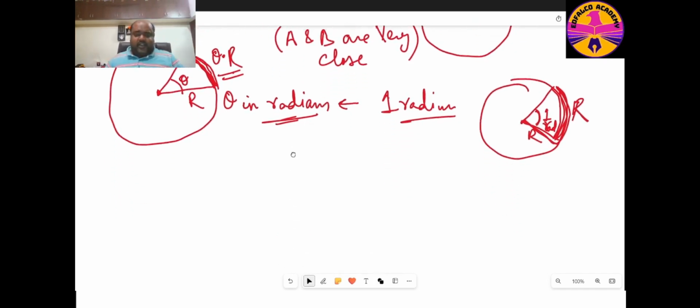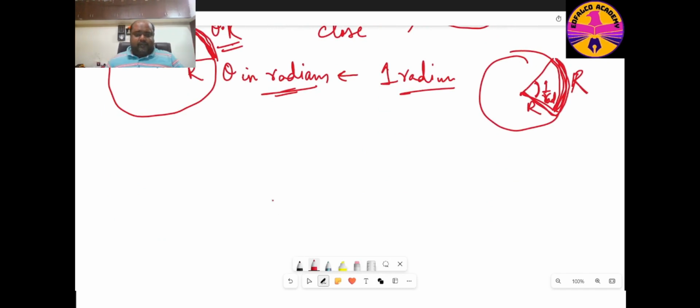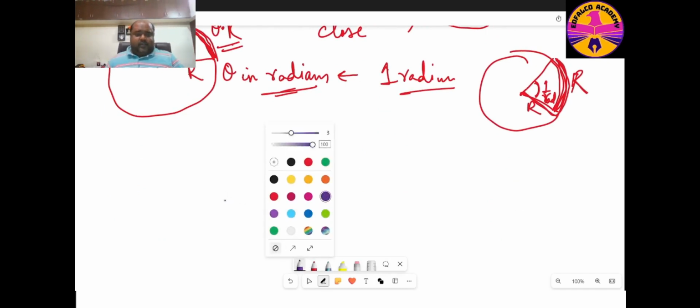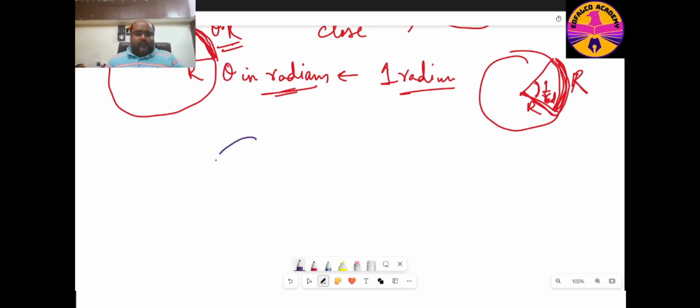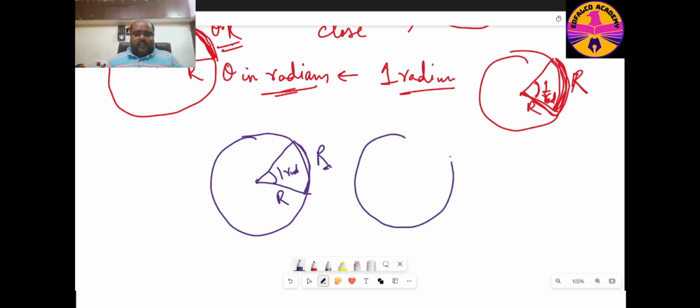Now with this understanding, you can very well see that if there is a circle having 1 radian, that means this length is equal to r. If its radius is r, this length is r. Now imagine the angle is, let's say, theta.